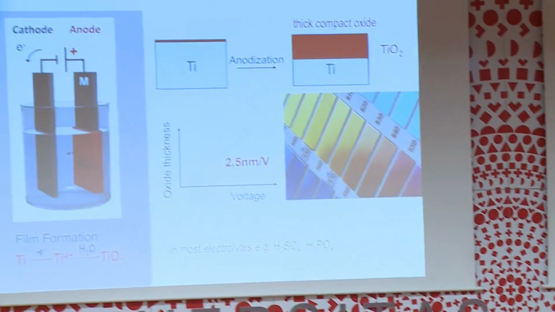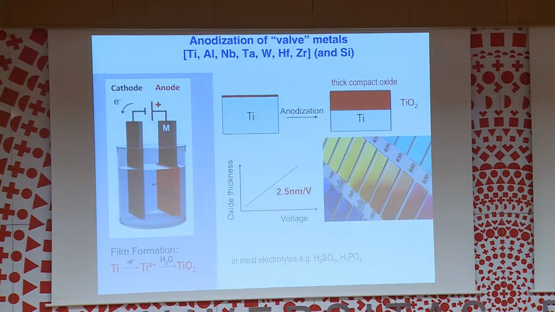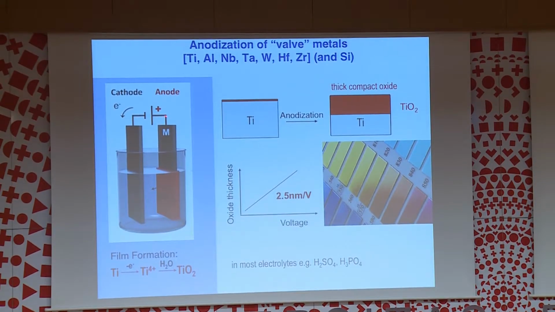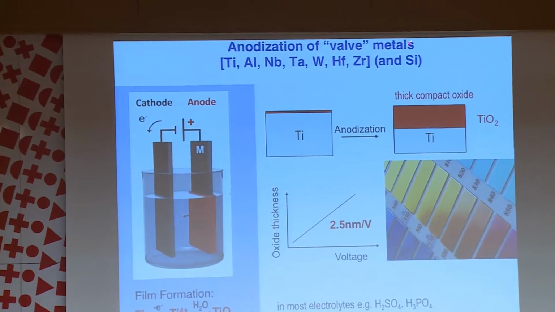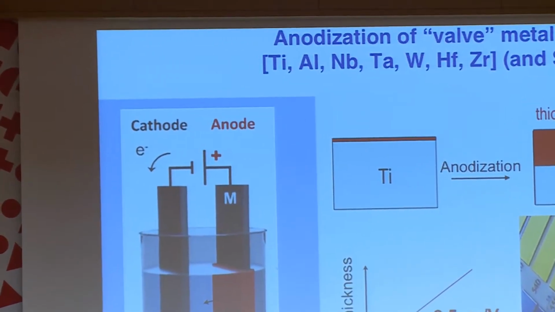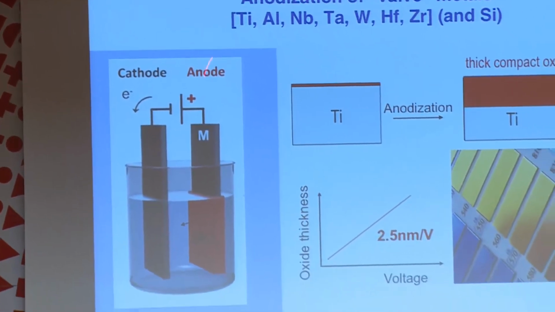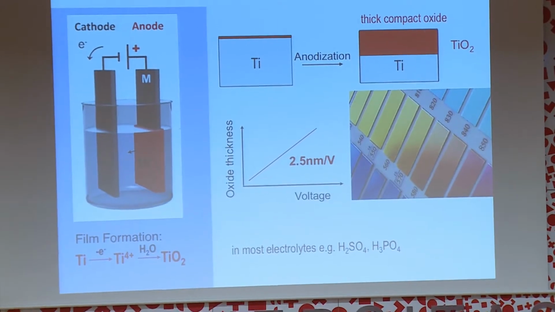There are various reactions that can take place if you do that. One of the reactions that we're going to use is that if your metal of interest is something like titanium, aluminum, niobium, one of these metals that are called valve metals, and you put them as the anode, you have the ability to form an oxide layer on the surface.